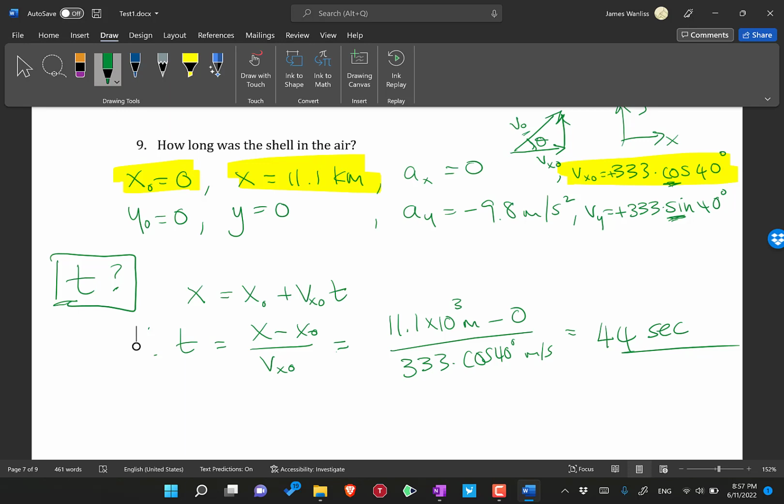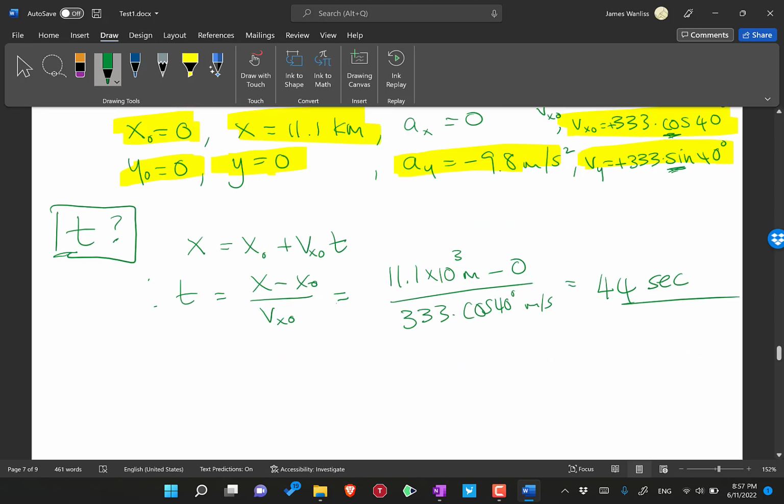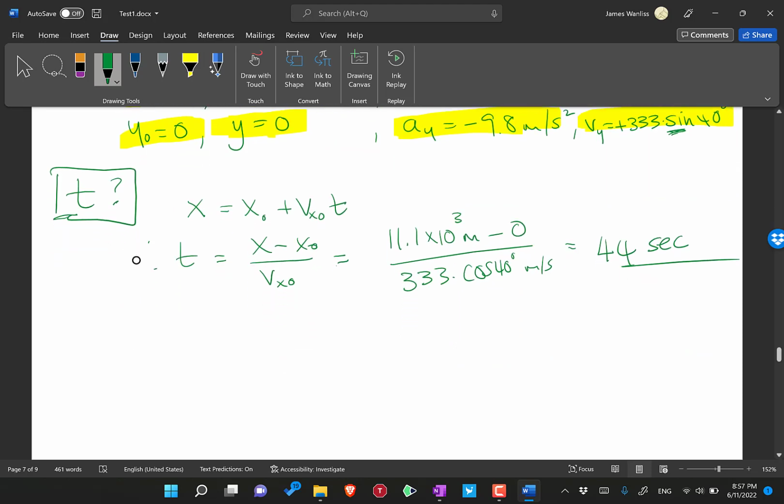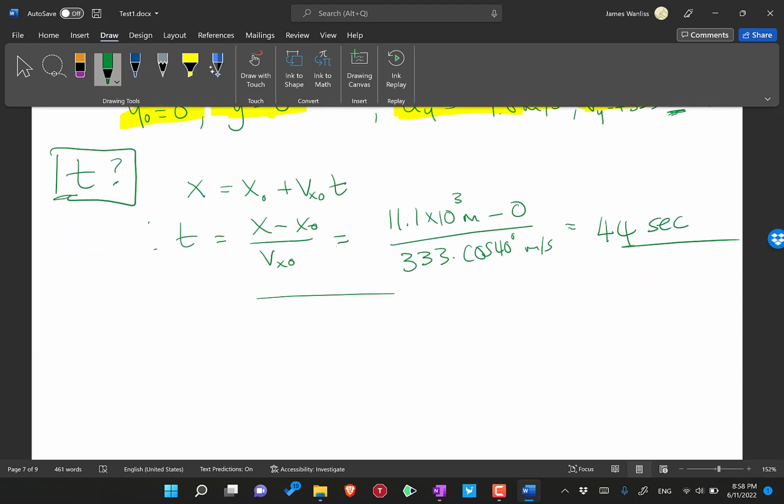We could have gone ahead and used the y equations because we've got all these things that we know about the y equation. Let's just see if we did have enough if we chose to use the y equation. If we use the y equations, we would have y equals y0 plus vy0 t plus half ay t squared.